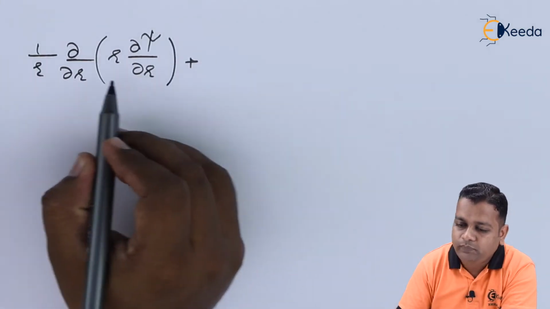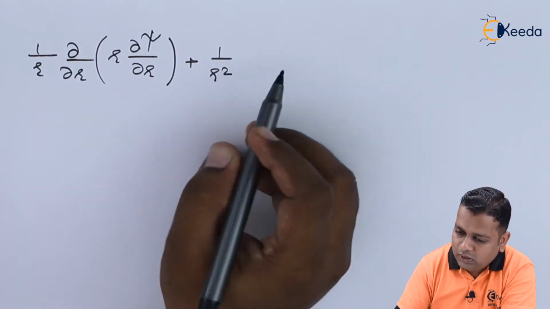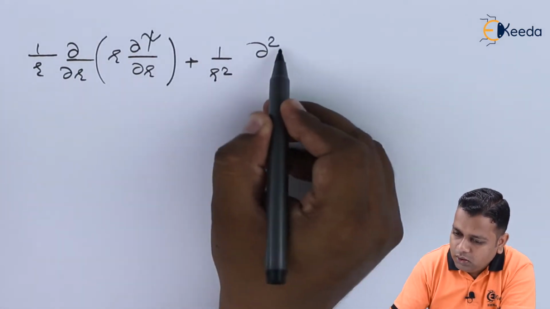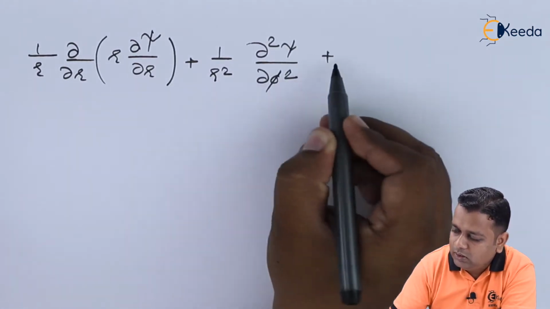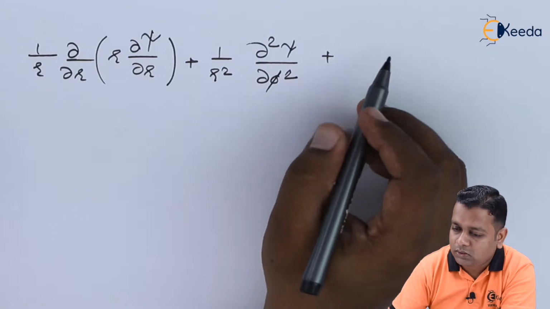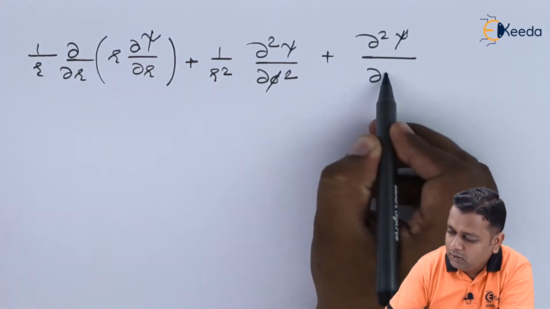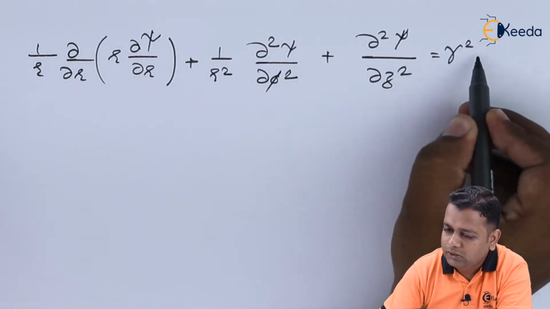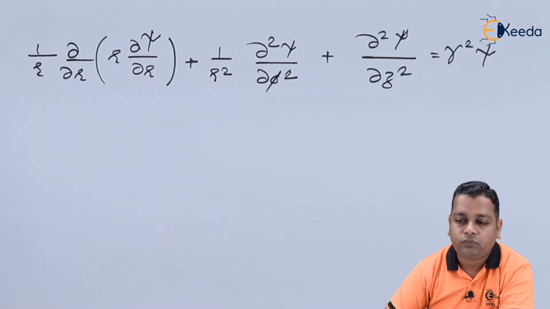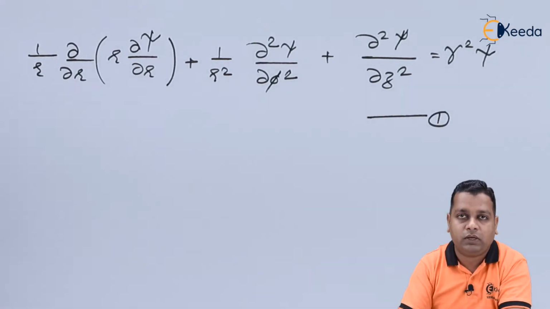This is the first term, and it is added to 1 upon r square multiplied by del 2 psi by del phi square, and further it is added to the third term, del 2 psi divided by del z square. This is equal to gamma square psi. So let this be equation number 1.